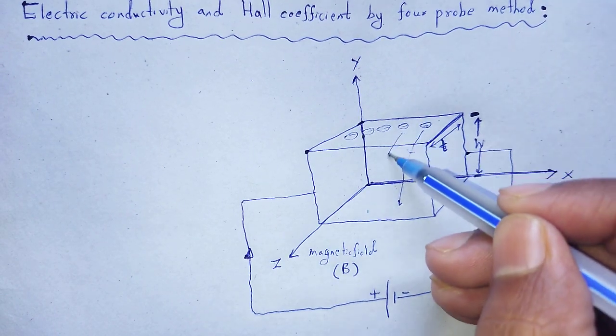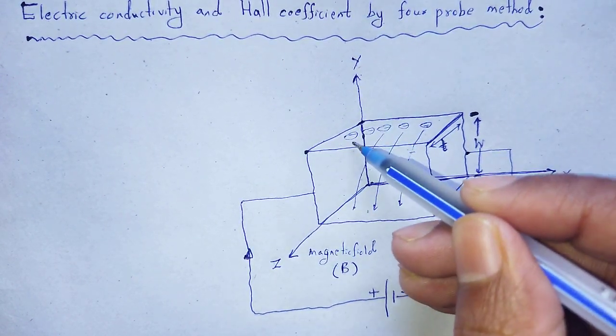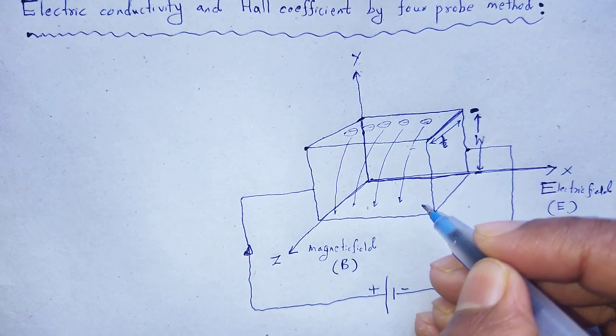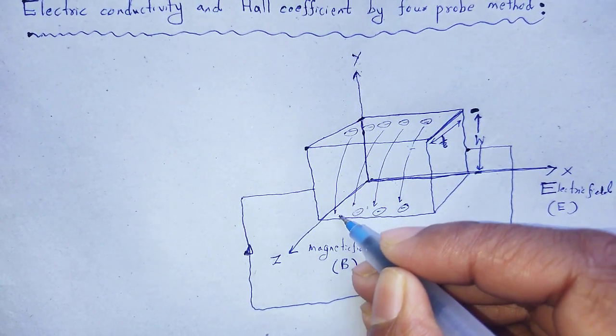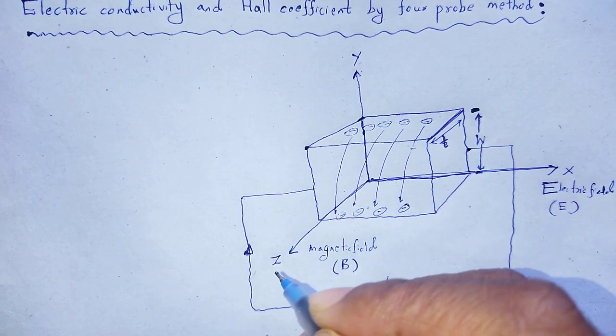The electrons move towards the downward direction. Now, electrons are accumulated in that lower region.